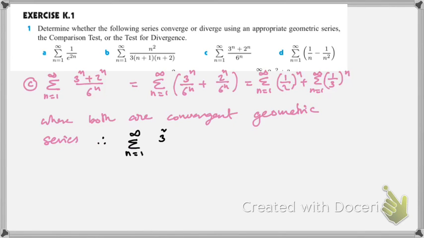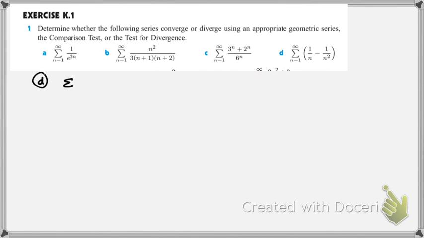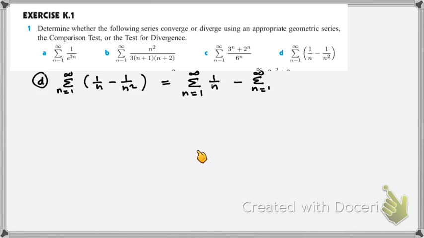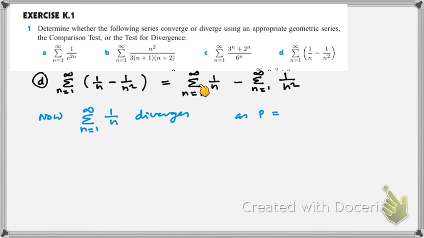And the last example: sigma n equal to 1 to infinity of 1 by n minus 1 by n square. We split it into two series. The first one, sigma n equal to 1 to infinity of 1 by n, diverges because of the p series test, p is equal to 1.